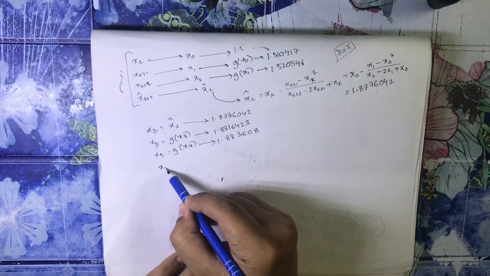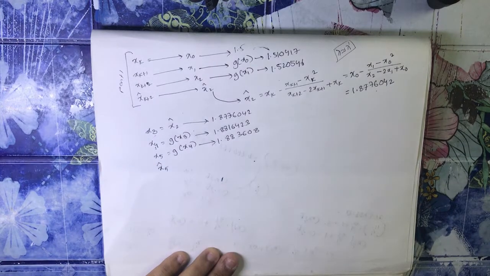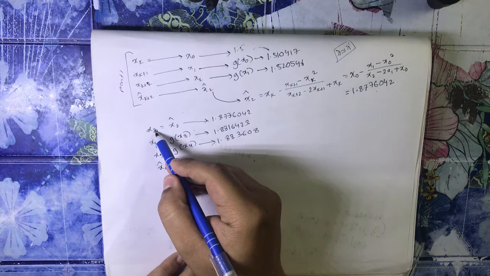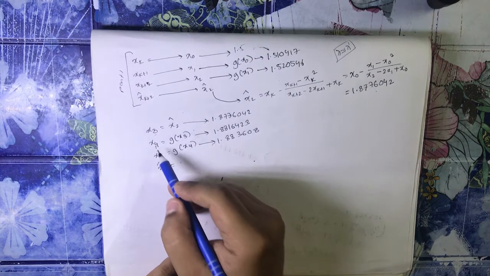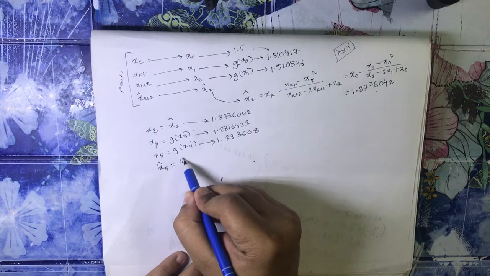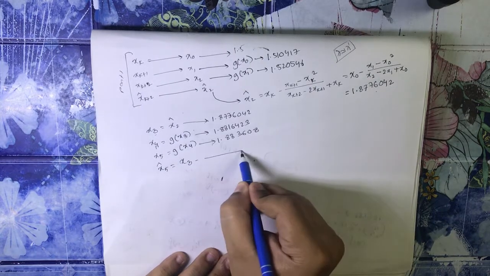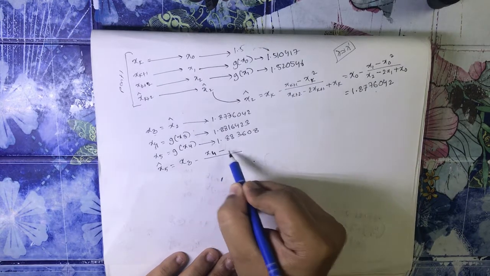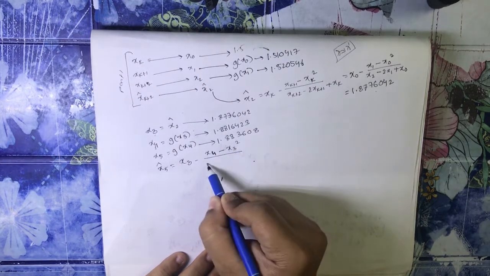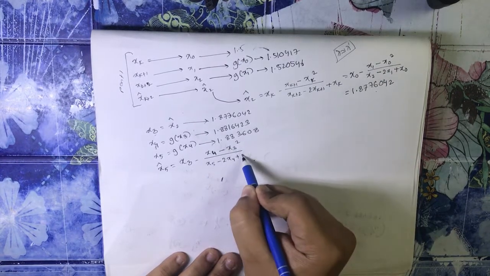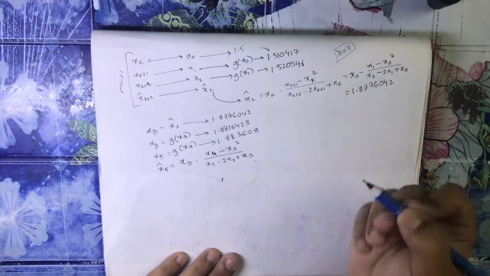So what is the next thing we do? Calculate x5 hat. Same thing, we'll treat this as xk, this as xk plus 1, and this as xk plus 2. So x3 minus x4 minus x3 square divided by x5 minus 2 into x4 plus x3.